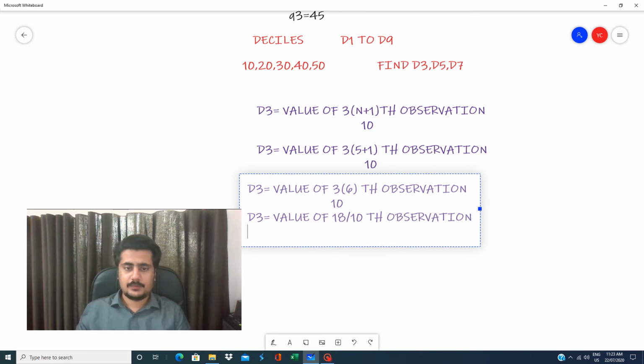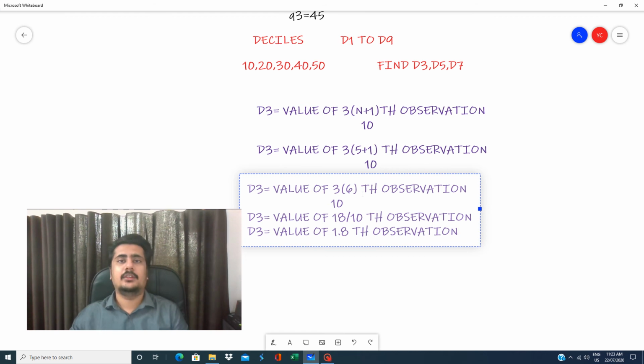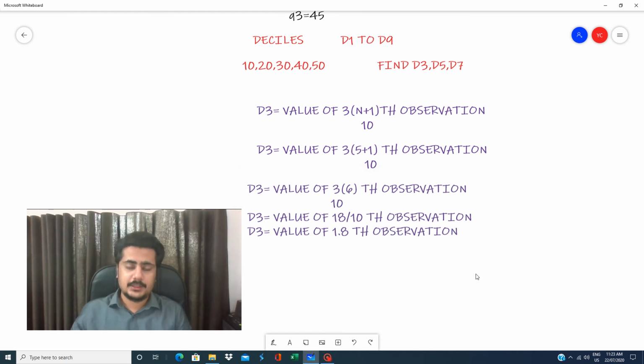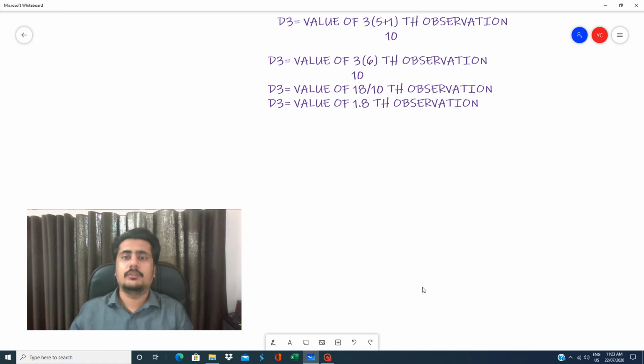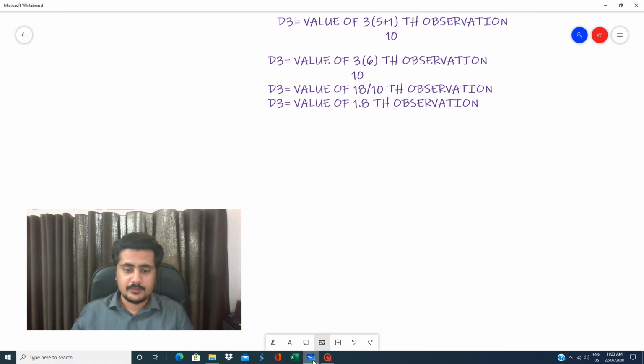So here D3 is equal to value of 1.8th observation. Here what is D3? D3 is the value of the 1.8th observation.